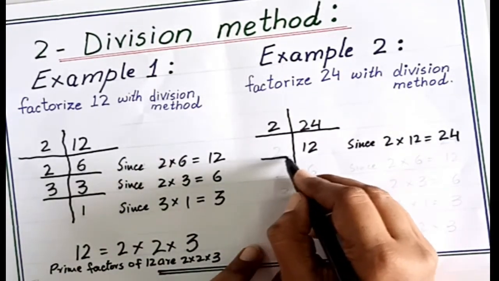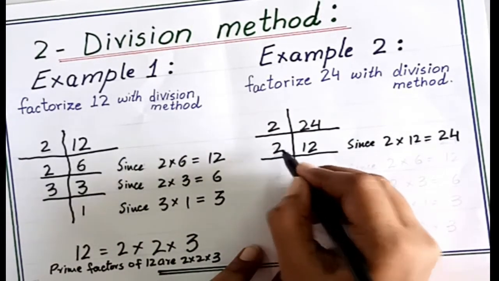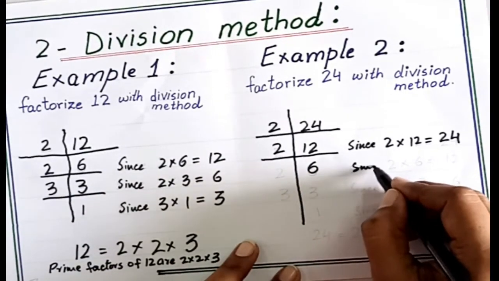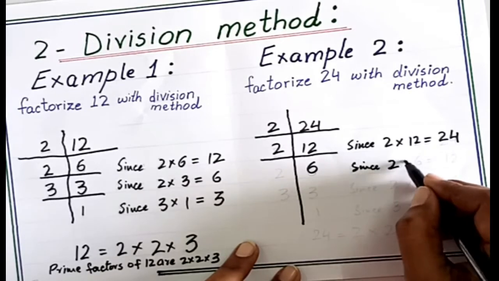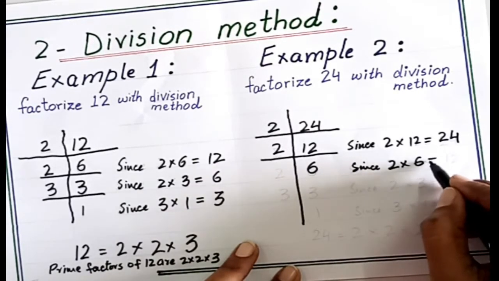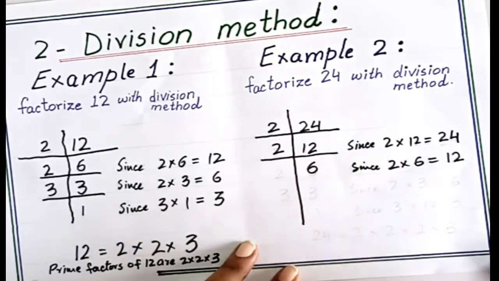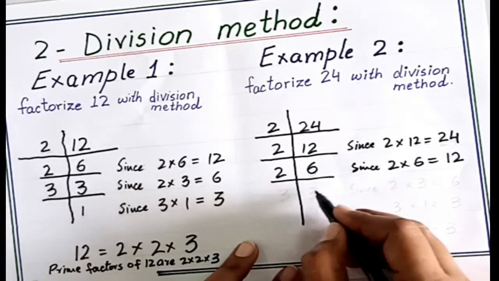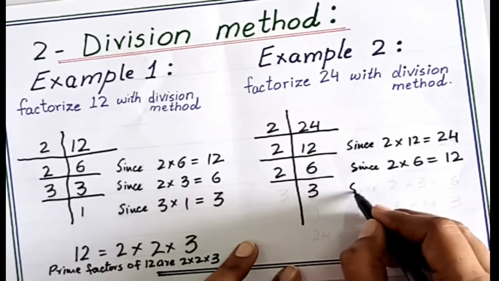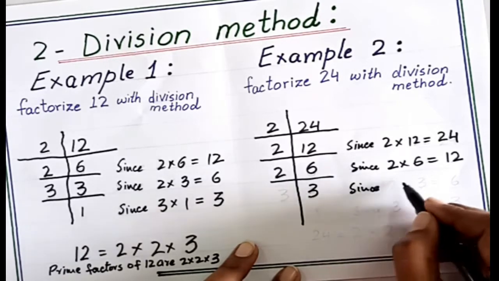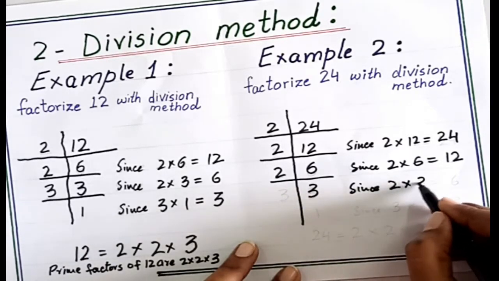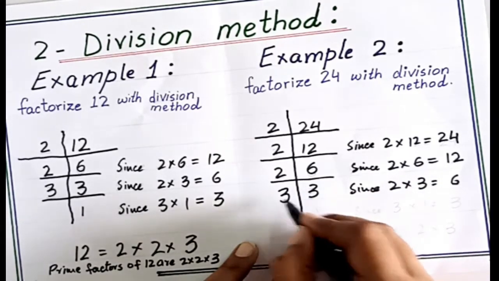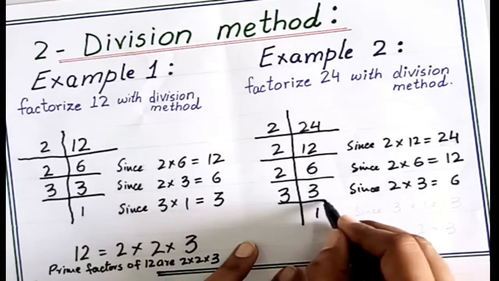Again we have to break 12 down. 2 sixes are 12. Again here 2 threes are 6. 3 ones are 3.